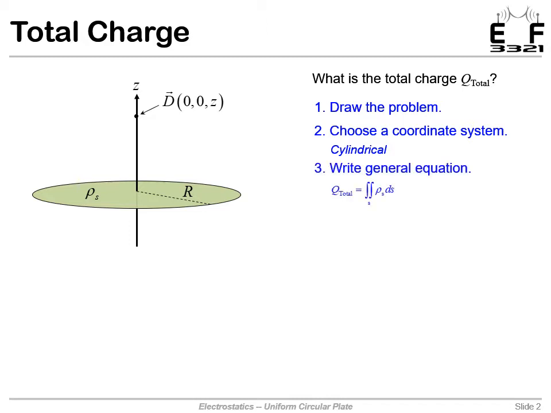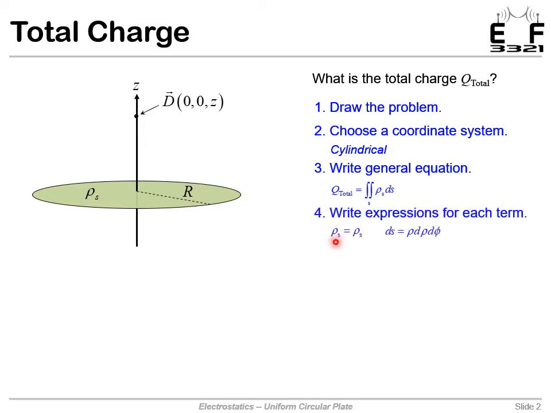Now we write our general equation for calculating the total charge when we have a two-dimensional or surface charge. We integrate that surface charge density over the whole area to get total charge. That equation is independent of the coordinate system, so the next thing we need to do is plug in an expression for those things and write ds in cylindrical coordinates.